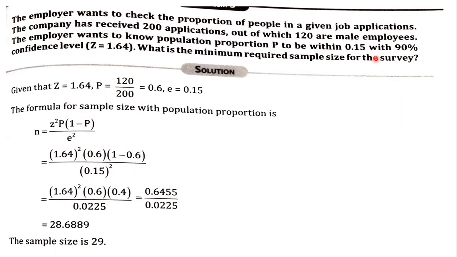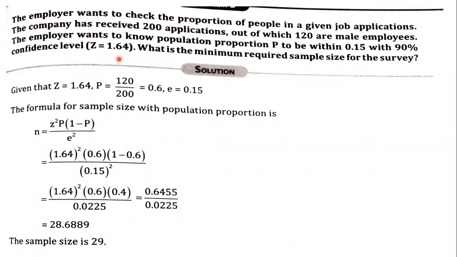They are not 100% sure, only 90% sure that it is within 0.15. And they are asking us what sample size we require, given all the data in the question.